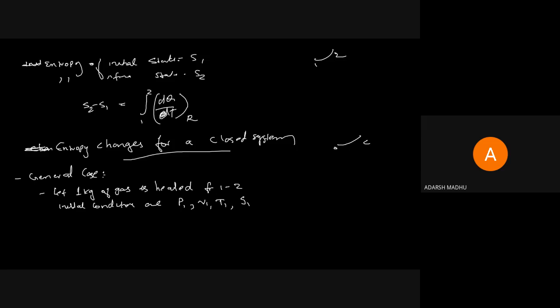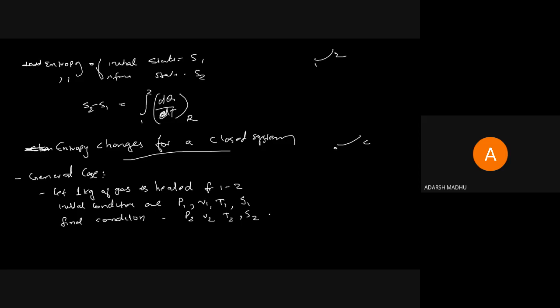And the final conditions are P2, v2, T2, and S2. Okay. We are taking 1 kilogram, that is mass equal to 1, and we are heating it. When we are heating it, there is a change in state from 1 to 2. The initial conditions are P1, v1, T1, and S1. Final conditions are P2, v2, T2, and S2.